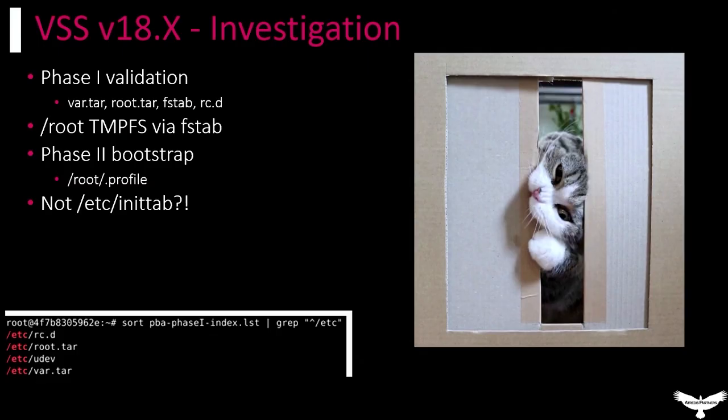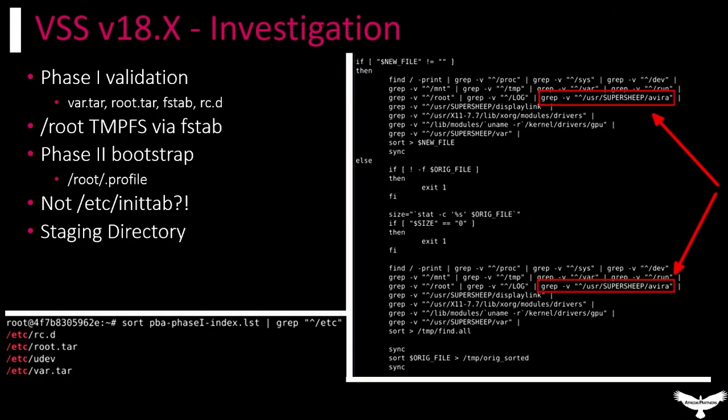So now we have the ability to obtain code execution, but we need to build an environment that allows us to really leverage this. So we need a staging directory that allows us to move files and restore the system to an acknowledged state, one that isn't scanned during the initialization process and isn't confirmed.